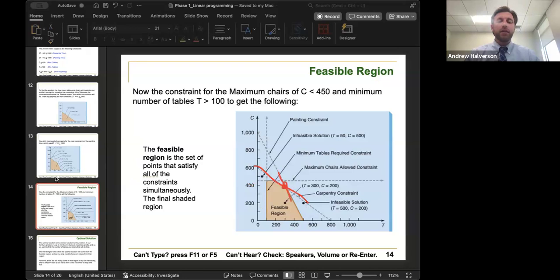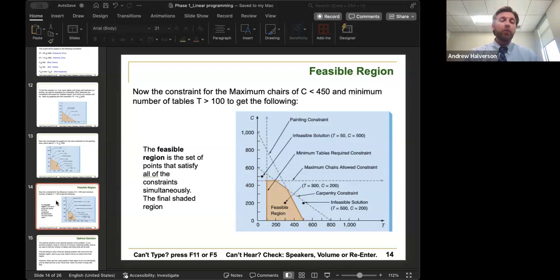And they create these little corner points as a result. They create these corner points right here. And here there's 5 of them, the intersection of all the constraints. Your solution is going to be one of those 5 points. That's why you draw the feasible region, is to know where your corner points are.